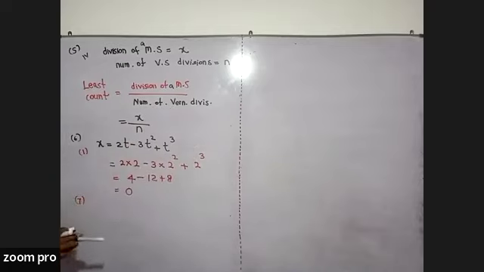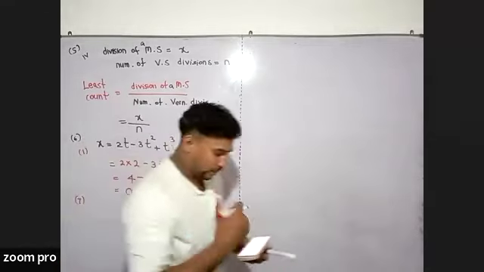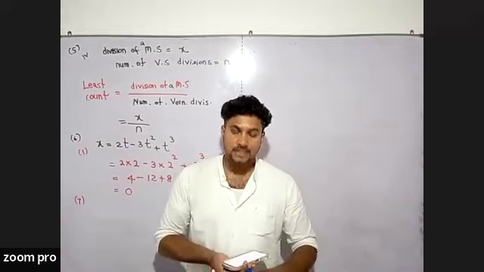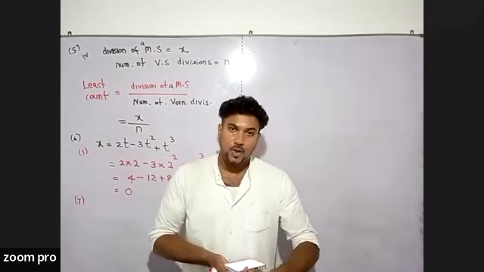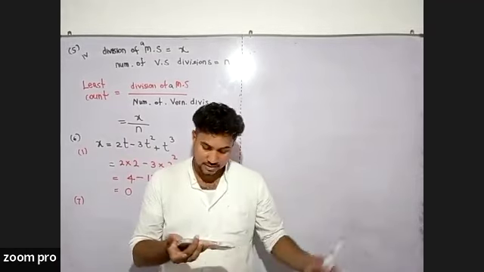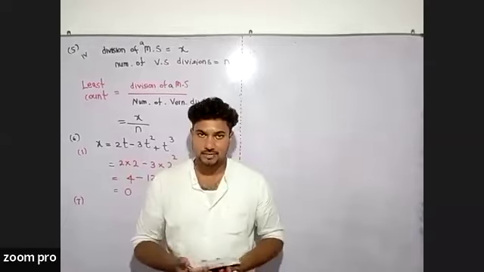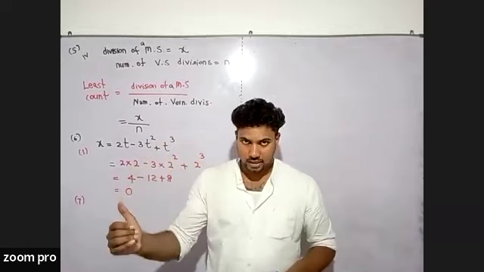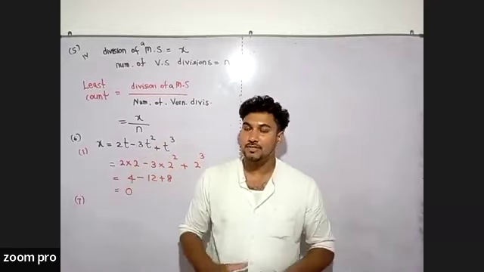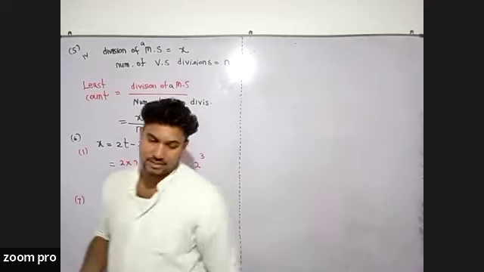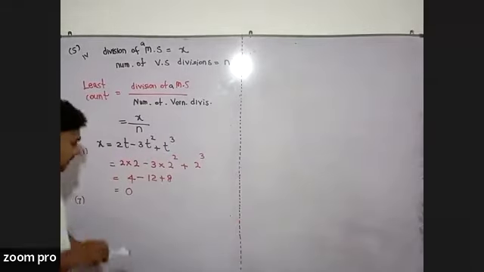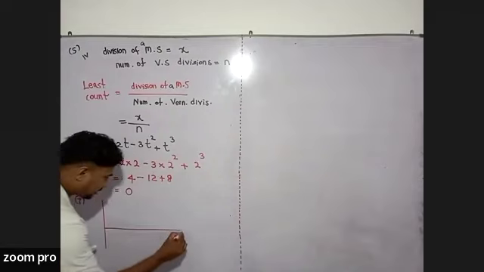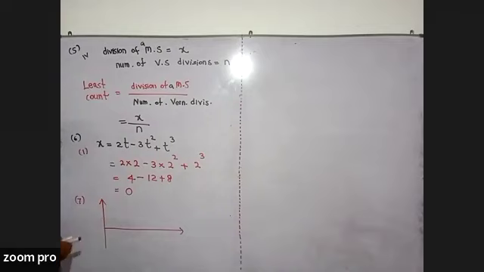In the seventh question, you are given a velocity time graph, and you are asked to obtain the displacement of the object within 20 seconds. The theory is that the area of a velocity time graph represents the displacement traveled by the object. This is the graph given in the question.